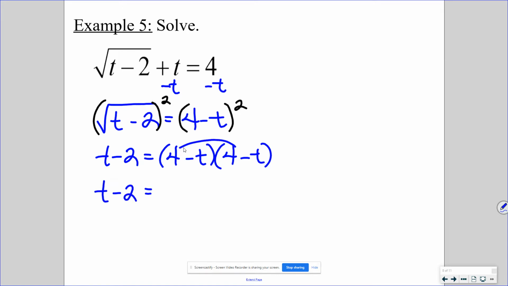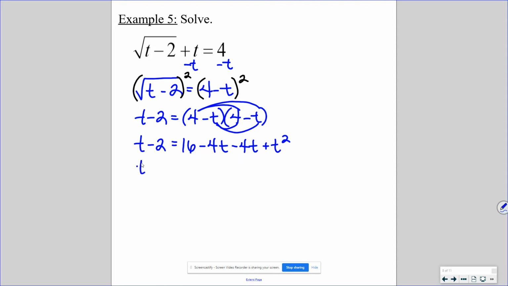So here I am FOILing or distributing, whatever you want to call it. So you would have 16 minus 4t minus 4t plus t squared. And then at this point, you're going to want to simplify. So you've got t minus 2 on the left, and then on the right side, you do have like terms that you can combine.